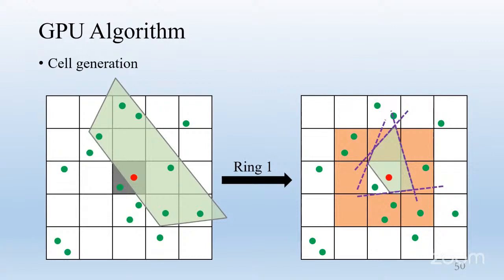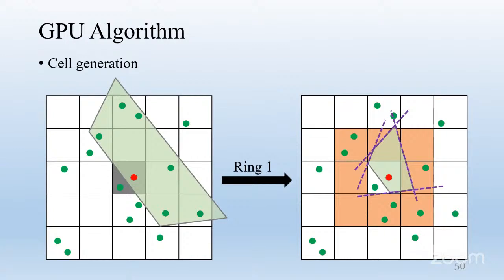Next, we have to find all the neighbor grids of the central one, which are the orange grids in the right figure. And still, we construct bisectors of the red point and all the points in these grids to iteratively clip the cell.